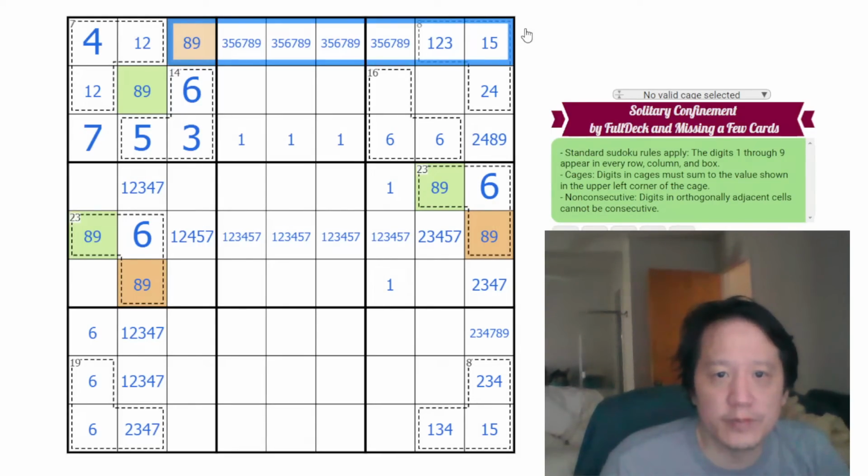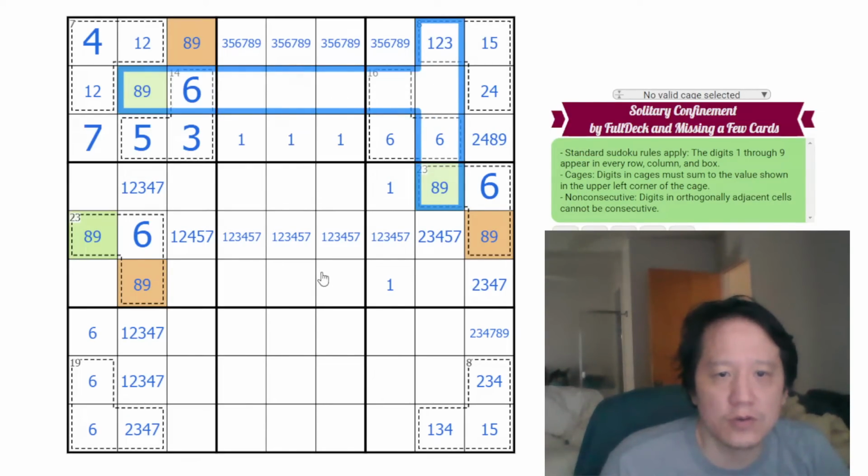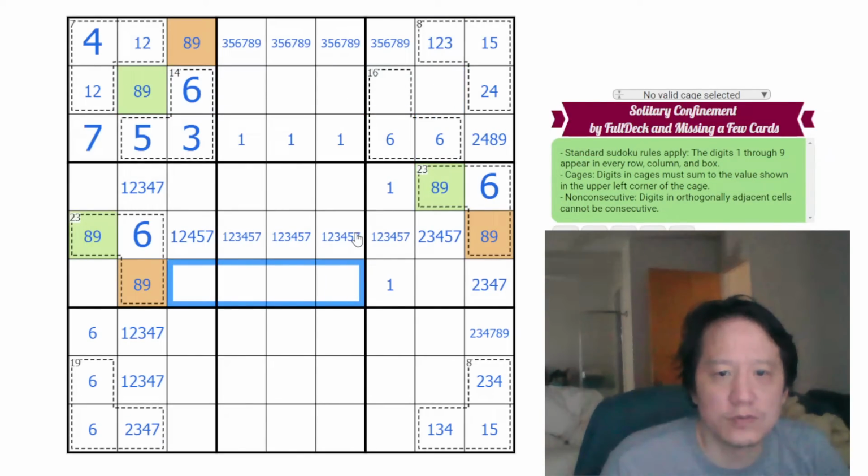So orange cannot be here or here. Green cannot be here or here. So orange is here, green is here. One of these is green. We don't know which.